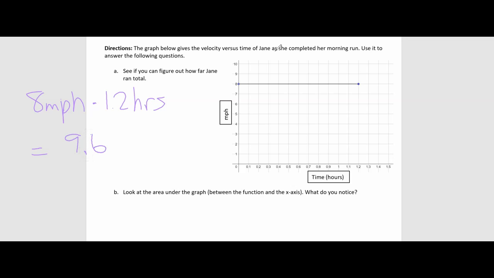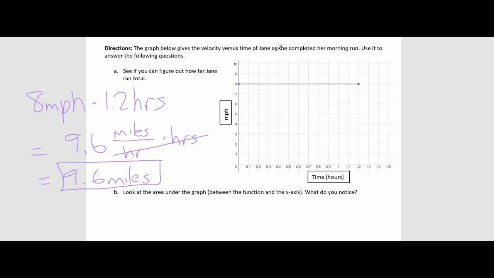And if we think about what's going on with our units, we have miles per hour times hours, which means our hours are going to simplify, and we're left with 9.6 miles. So over the course of her run, she ran 9.6 miles. This one was pretty straightforward, again, because our velocity was constant, it wasn't changing.